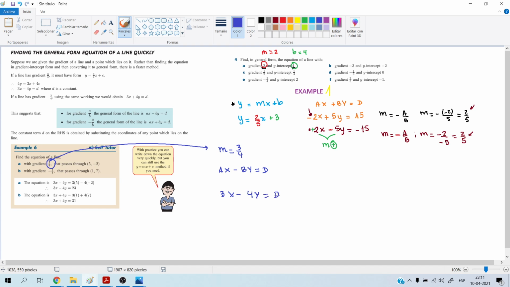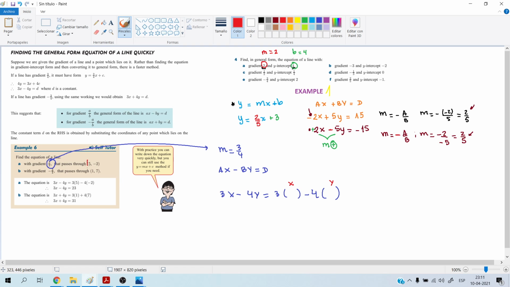And that's fast for us, but now we have to look for this number. How do we do that? If everything has to be balanced, it means that I'm going to multiply a 3 times an x and a negative 4 times a y. So I'm going to repeat what I have on the left side, 3 times x minus 4 times y. But what is the value in x and the value in y that I'm going to plug here?